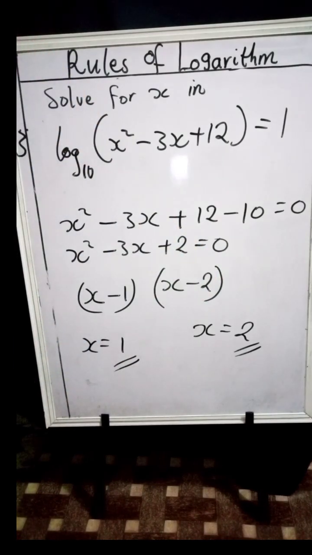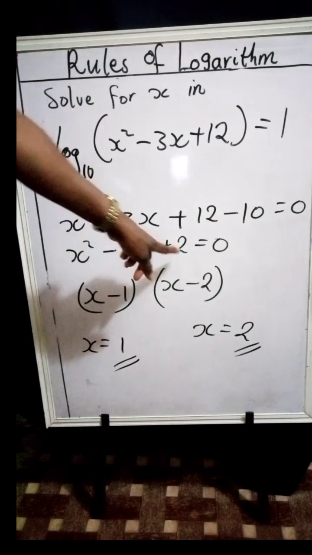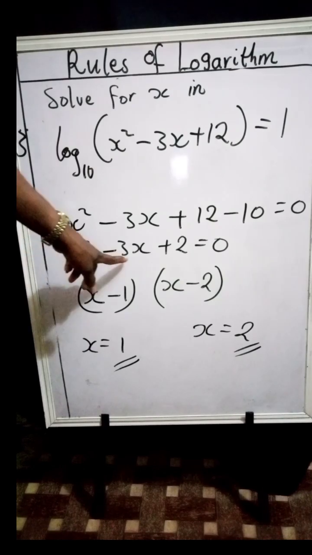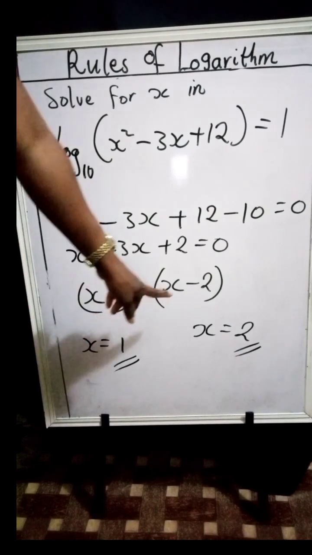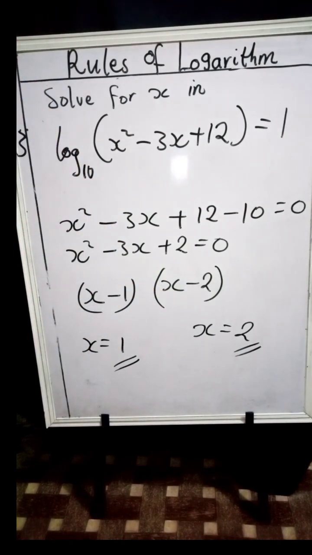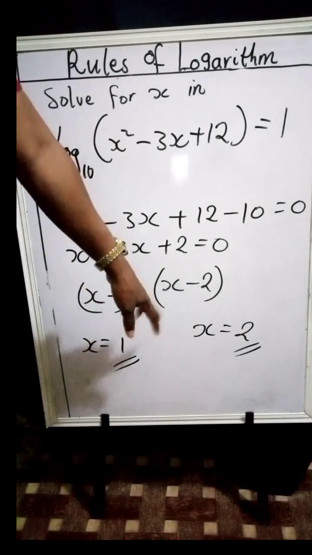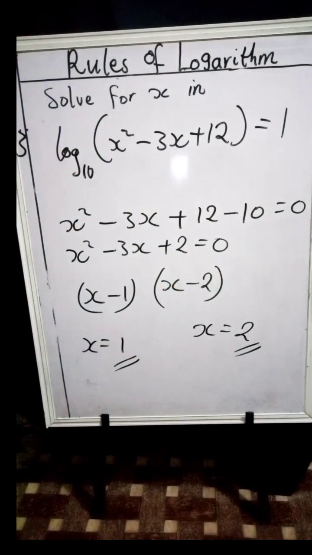So what are the two numbers that when we multiply them will give us 2, but when we add them will give us -3? That is -1 and -2. -1 multiplied by -2 will give us +2. But -1 plus -2 will give us what? -3. So we open brackets as usual, place one x in each bracket and also place one of those two numbers in each of the brackets.